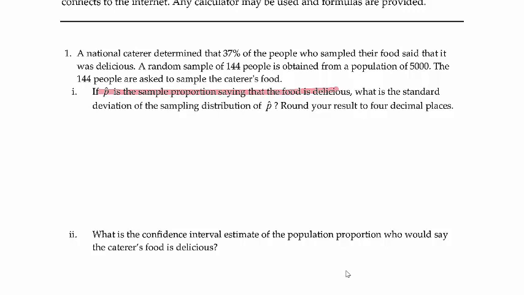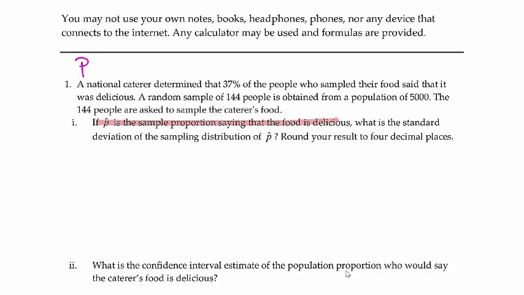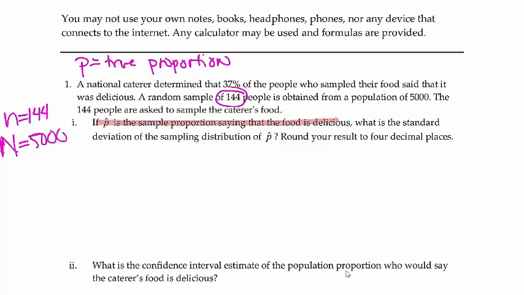So I'm going to look at it real quick and say, look, p is the true proportion. Okay, and let's look. They said a random sample of 144 out of a population sample of 5,000, okay.